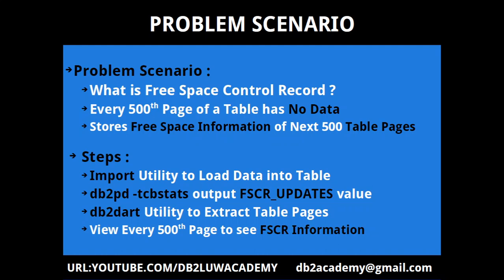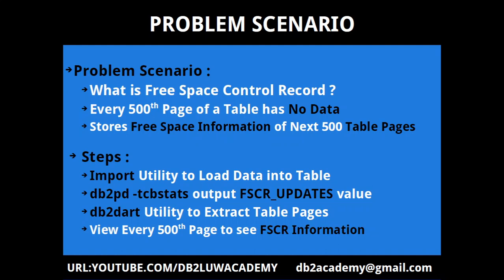The problem scenario is we want to discuss what the free space control record is. A table space is where the table is going to be created, and the table is composed of many pages, and of all the pages, every 500th page of the table will have no data in it.